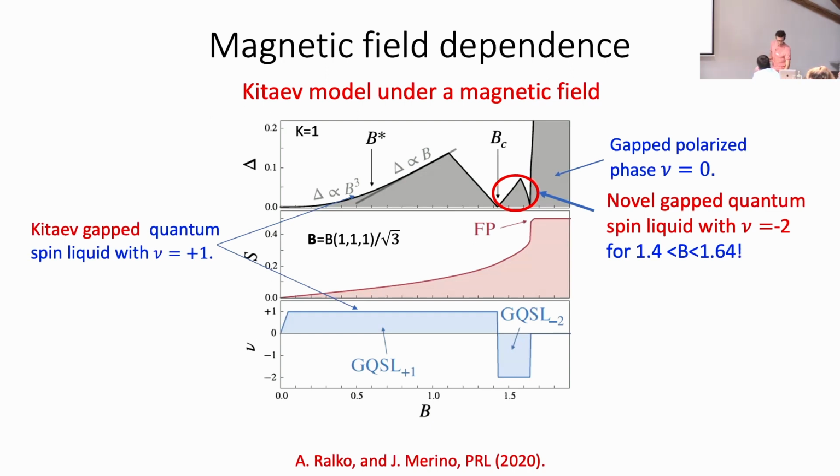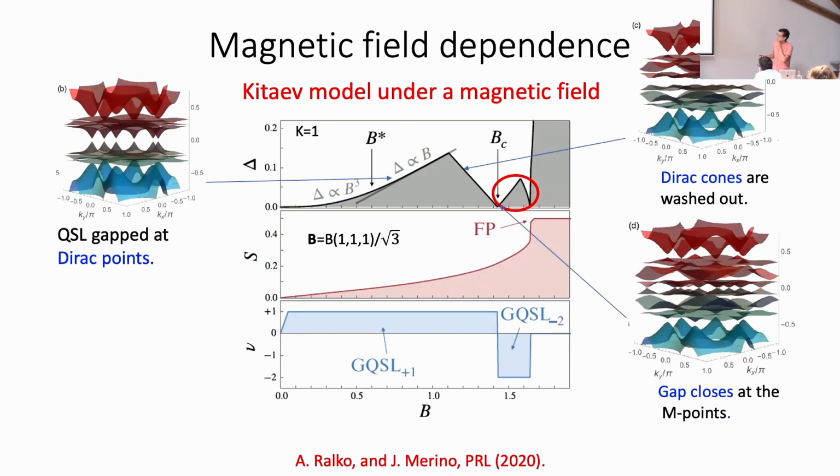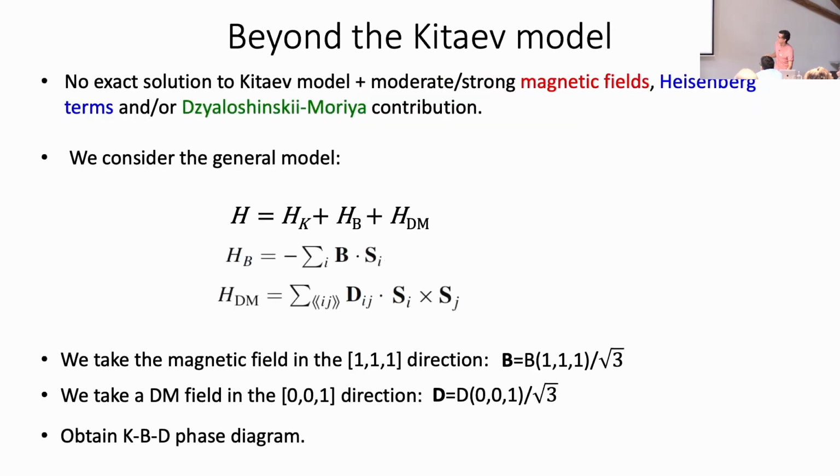Okay. So in terms of the spectra, in this region, we essentially have a dispersion which is very similar to the dispersion of the Kitaev model, with a small gap at the Dirac points. And then this gap is increased until it closes at the endpoints, and then we have the transition to this intermediate phase.